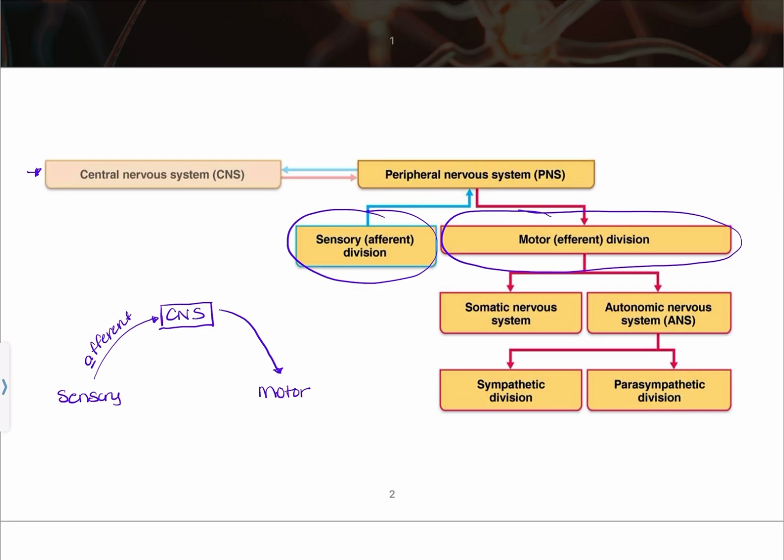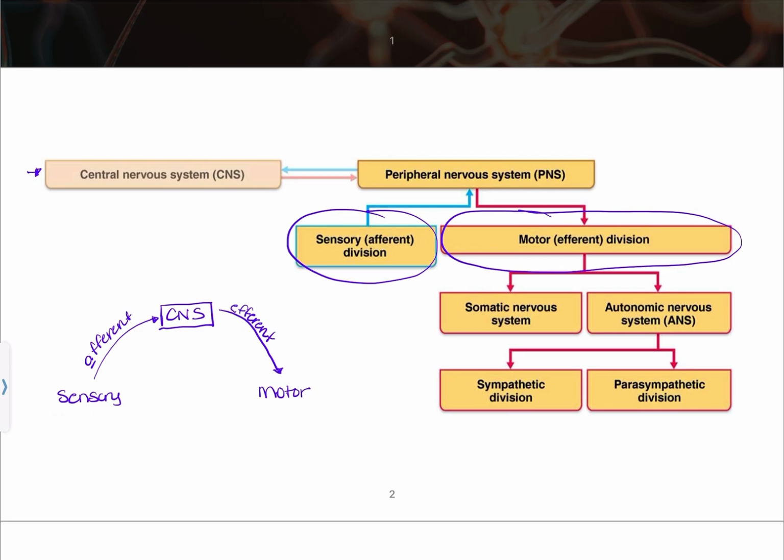So A for afferent, approaching also begins with an A. When we talk about motor, that's the efferent division. So again, anytime you hear efferent going forward, that's going to be the division that's exiting whatever the afferent one was approaching. So in this case, we're talking about the central nervous system, so your brain or your spinal cord.